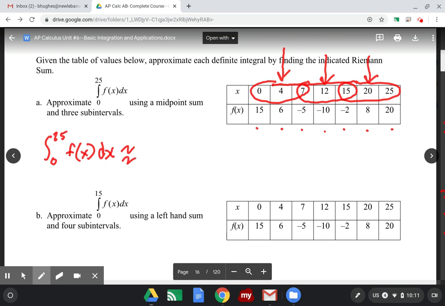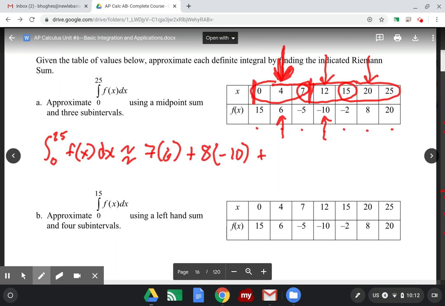I'm going from here to here, so that's 7 units wide. And the height of my rectangle is given by the midpoint, so I want this value, 6. Plus the width of my next rectangle is going from 7 to 15, which is 8 units wide, and the middle of our rectangle is right here. That's my function value, it just happens to be negative 10.